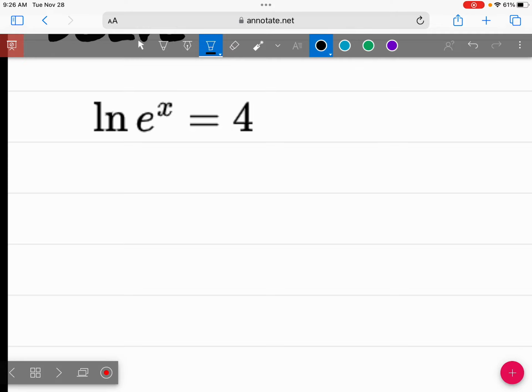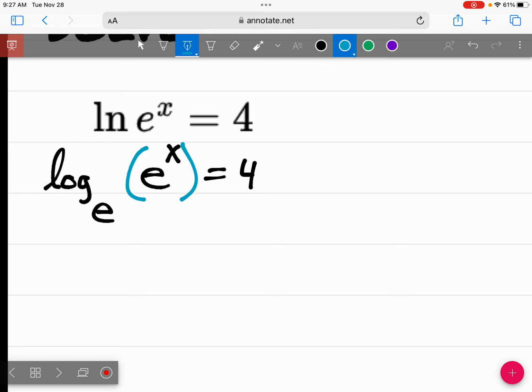You can do this as log base e of e to the x equals 4. This is my argument, this is my exponent, and this is my base, right?